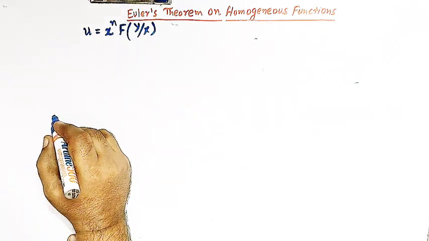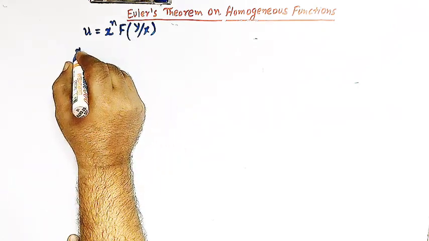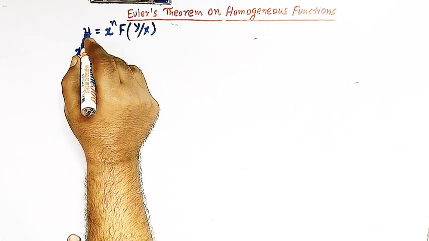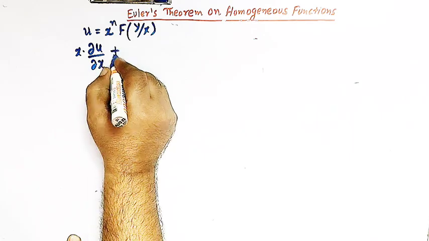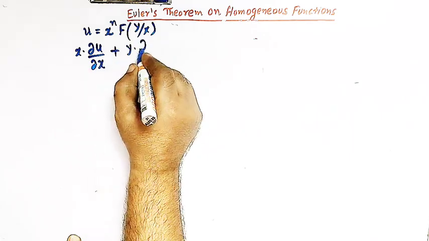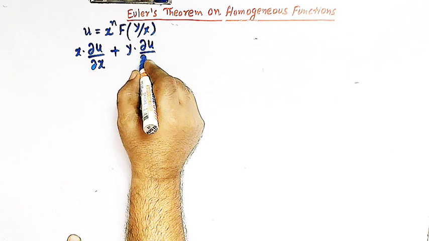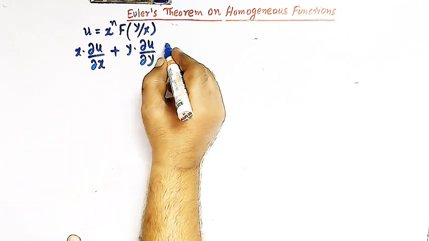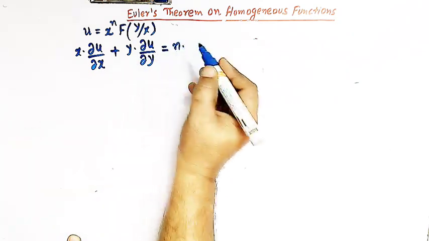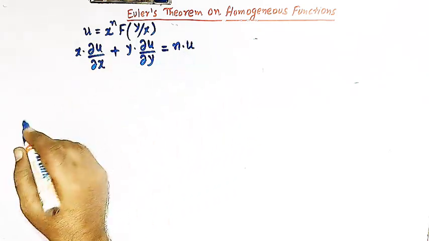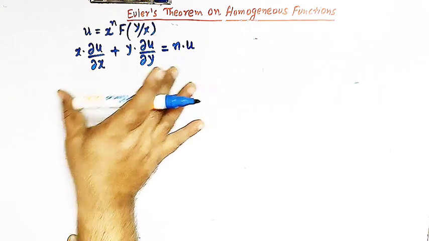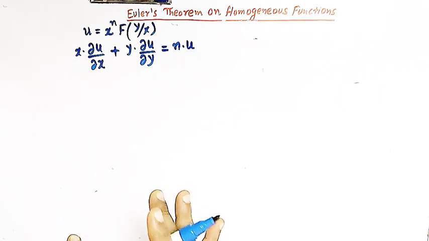Then Euler's theorem says that x times the partial derivative of u with respect to x plus y times the partial derivative of u with respect to y is equal to n times this homogeneous function u, right? So this is called Euler's theorem on homogeneous functions in two variables.